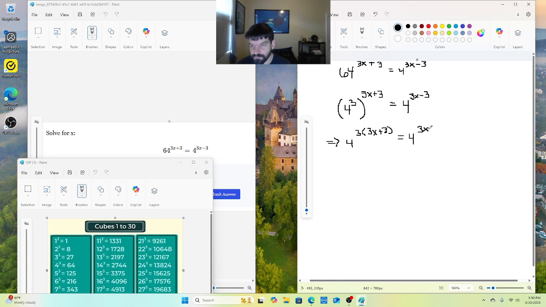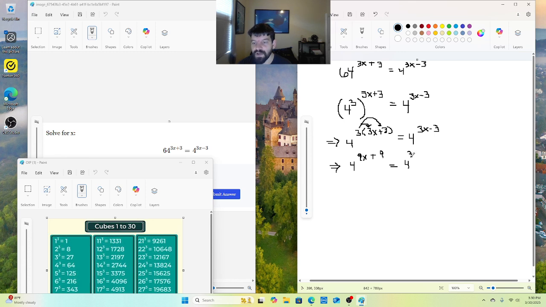So we'll go ahead and perform the distribution. We're going to do 3 distributed into 3x, which gives us 4 to the 9x, and then 3 distributed into 3 is 9 as well. And again, we're not going to change anything with the right side.